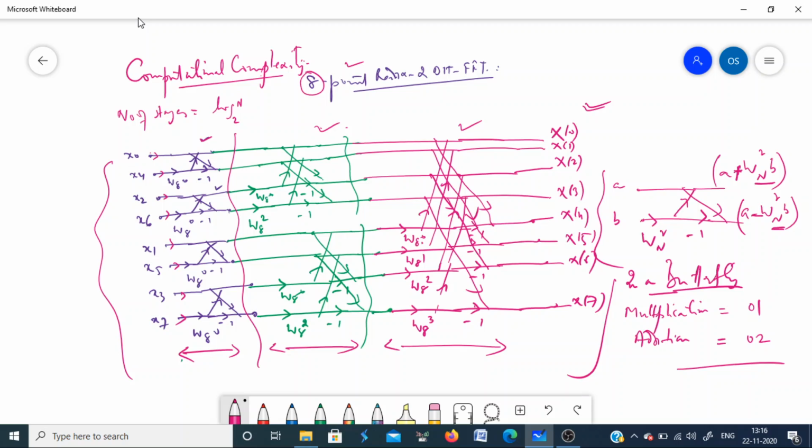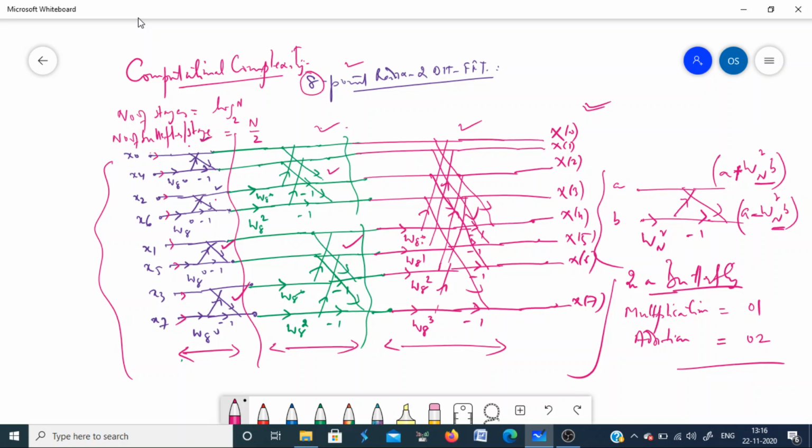And in each stage how many butterflies are there? In the first stage there are 4 butterflies, 1, 2, 3 and 4. In the second stage again you have 4 butterflies, 2 butterflies here and 2 butterflies here. In the third stage again you have 4 butterflies. It means the number of butterflies per stage is N by 2 in general.